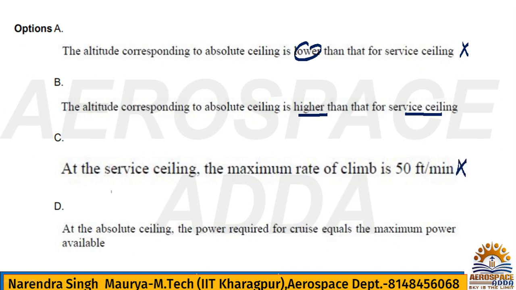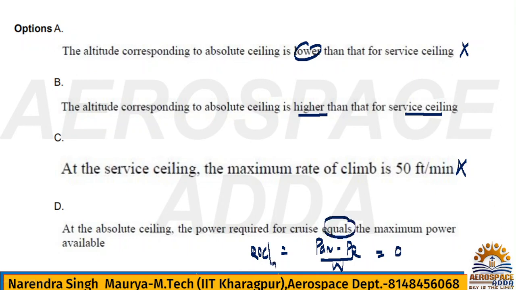All right. Option D. At the absolute ceiling, the power required for the cruise equals the maximum power. Yes. Why? Because rate of climb is power available minus power required, divided by weight. And if the maximum power available and required power are equal, then what will be the rate of climb?